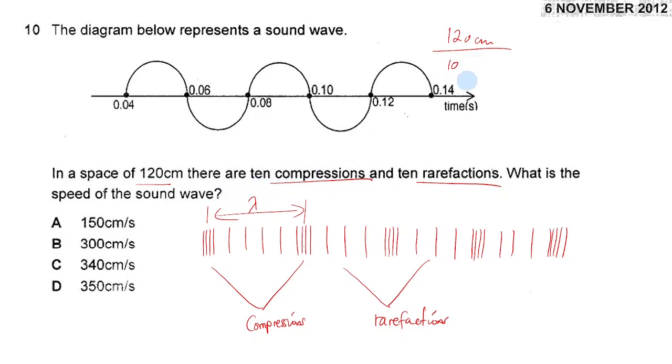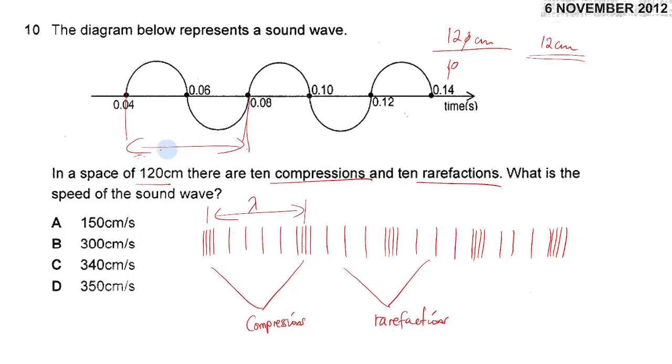We just divide by 10 so that the wavelength will be 12 centimeters. Now, if that is 12 centimeters, this is the wavelength. Even here, the distance from this one to this one also becomes the wavelength. This distance from here to there also becomes the wavelength.